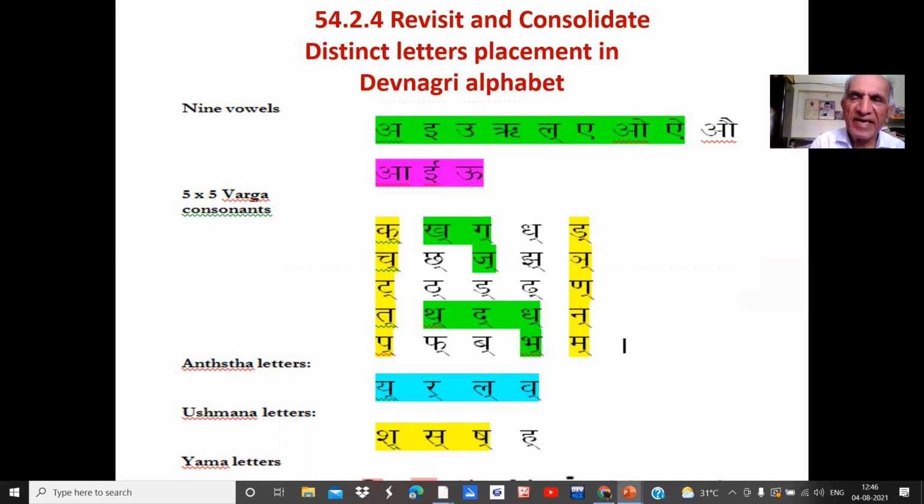The Devanagari alphabet as a set of different classes of letters is on the computer screen, and the letters which are being availed by the text of Ganita Sutras are being specifically colored distinctively to make it specific and clear for the comprehension of the sadhakas, as to which of these letters are being availed for the composition of the text of Ganita Sutras and which of the letters are not being availed.